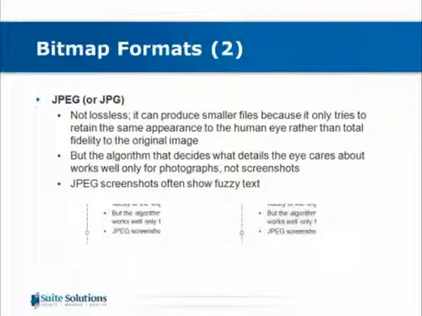So generally speaking, if you save a photograph as a JPEG, it'll look great. You'll get smaller file sizes. There's really no downside as long as you have reasonable quality settings.